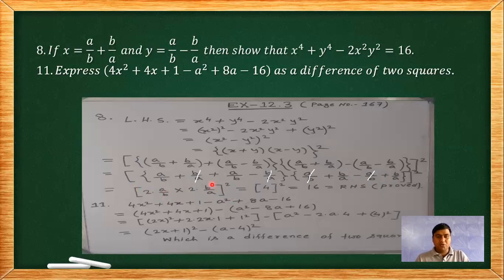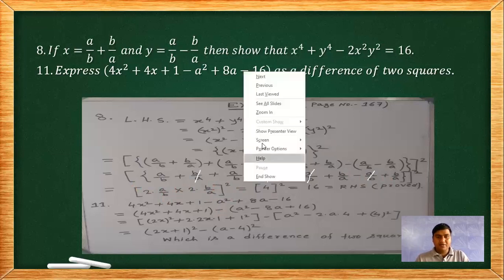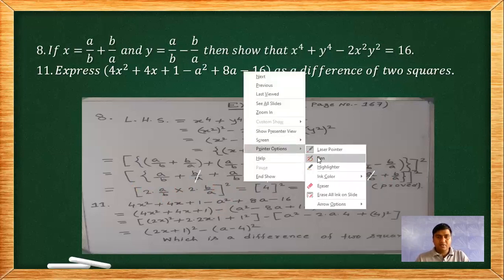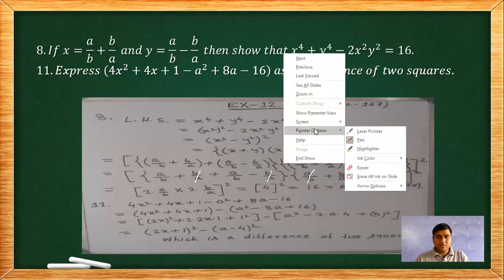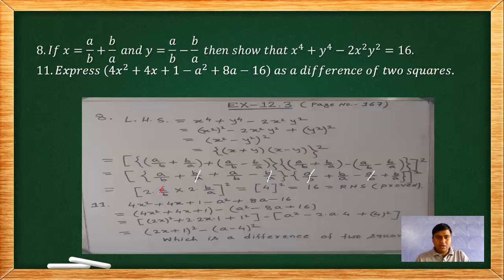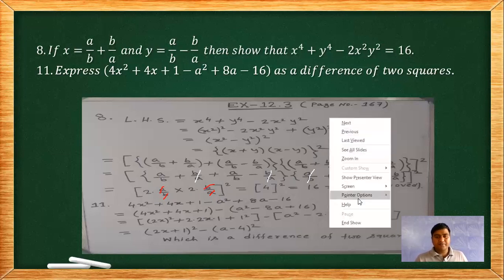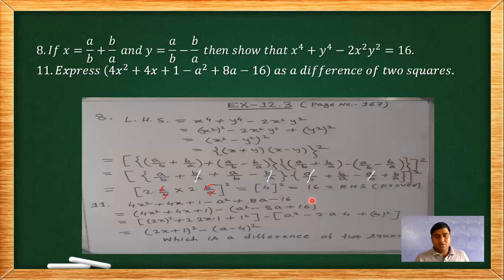Sorry, a/b into b/a cancel. So a and a cancel, and b and b cancel. So 2 into 2 is 4, 4 square is 16. This is the right hand side. So left hand side equals right hand side.